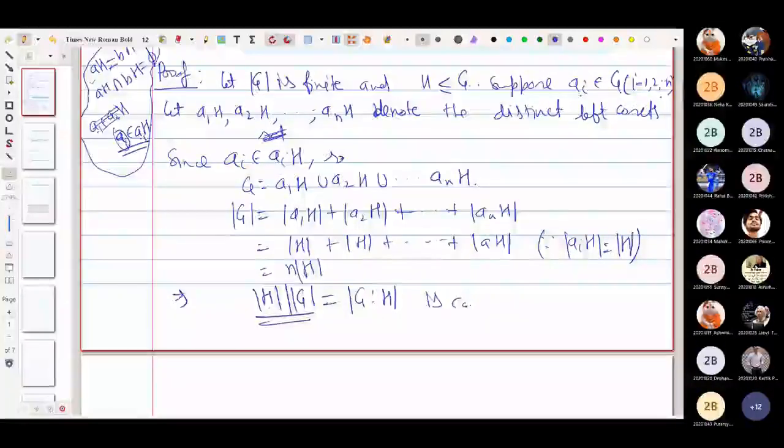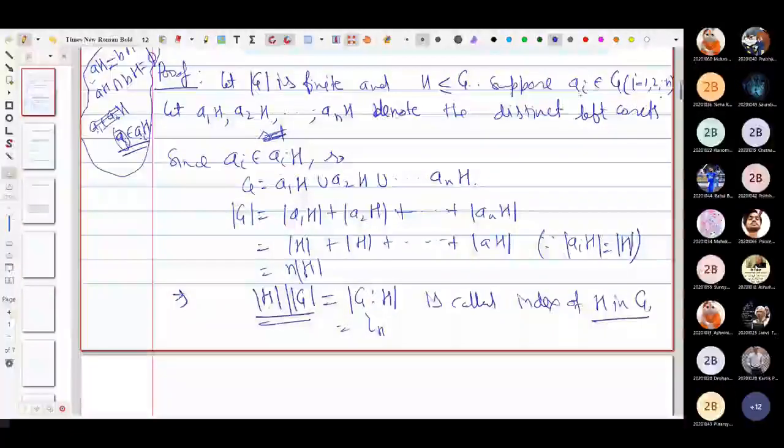It is called the index of H in G. Index of H in G. And sometimes they used to write it like this, index of H in G, like this. Okay. This is also a notation.